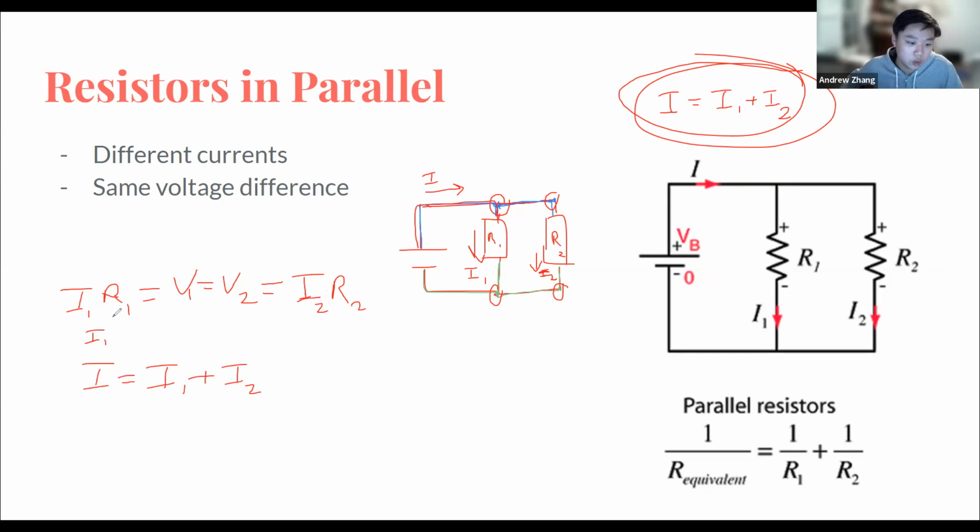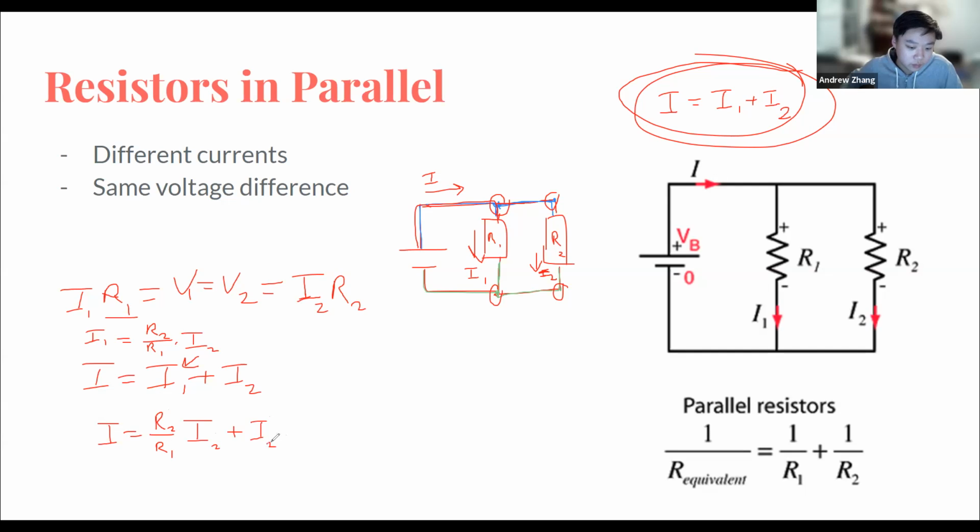Well, I can divide by R1 on both sides. It's going to be equal to R2 over R1 times I2. And I can substitute that into this variable right here to get I is equal to R2 over R1 times I2 plus I2.